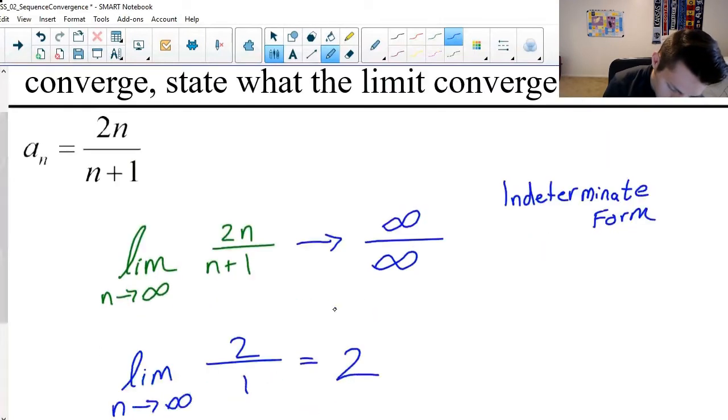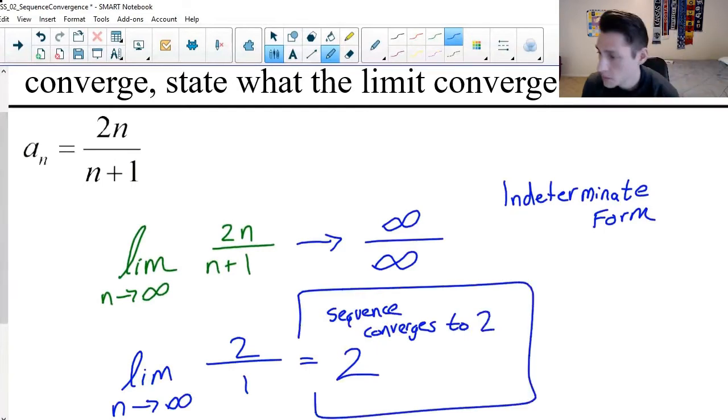So the sequence converges to 2. That means if I list out the terms from that sequence, plug in 1, plug in 2, plug in 3, as I go on, those numbers will be getting closer and closer to 2. Thank you, L'Hopital, for your fun rule.